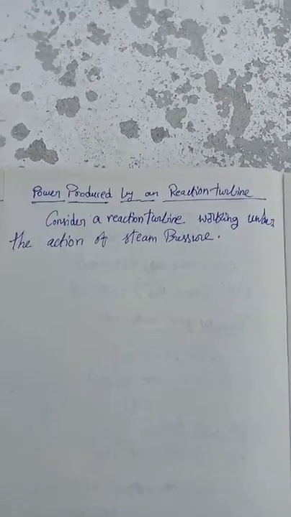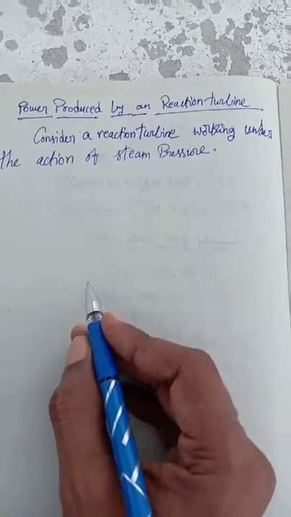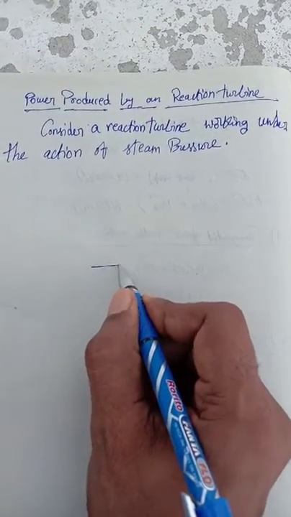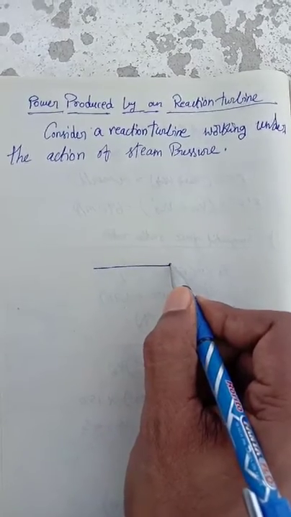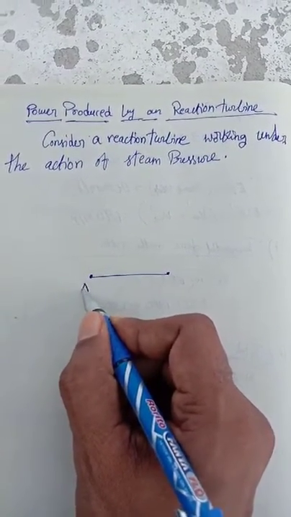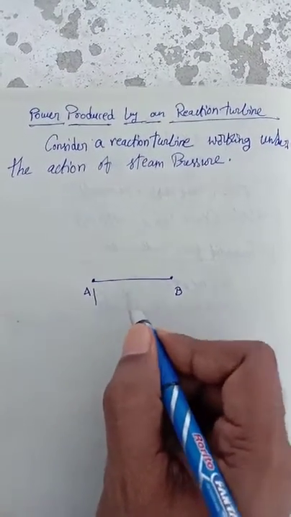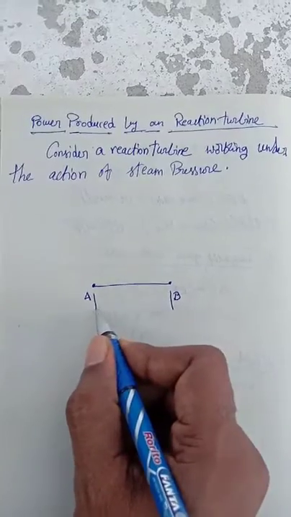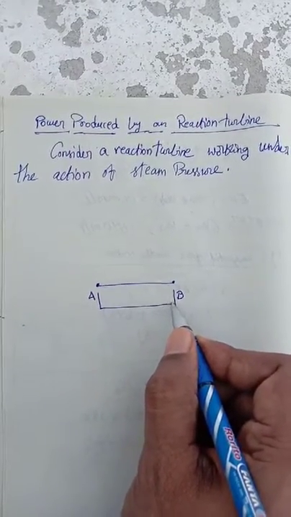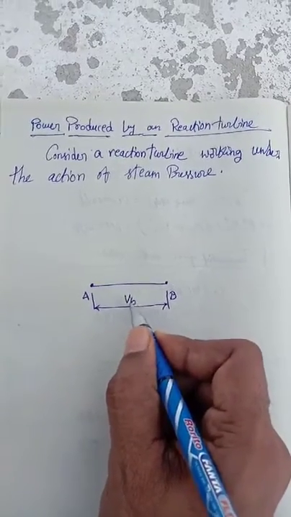Okay, now already in the previous class we saw how to draw the combined velocity diagram for a reaction turbine. Now also I can draw here. This is VB.